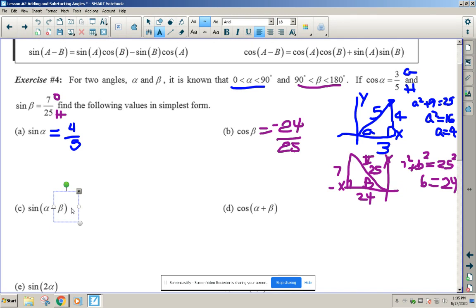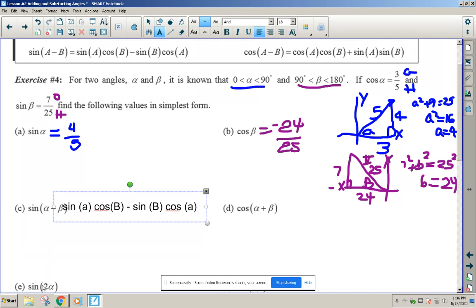would come from the sine, and I'm not going to use the fancy script, I'm just going to use the regular keyboard. The sine of alpha times the cosine of beta minus the sine of beta times the cosine of alpha.